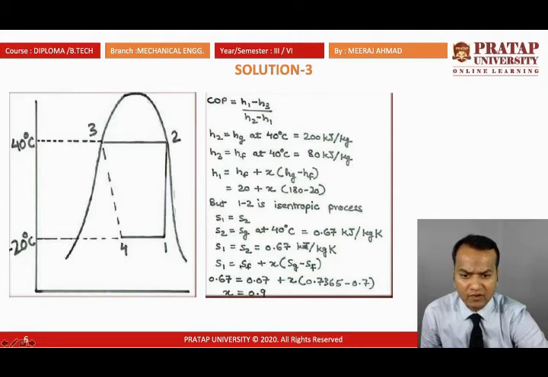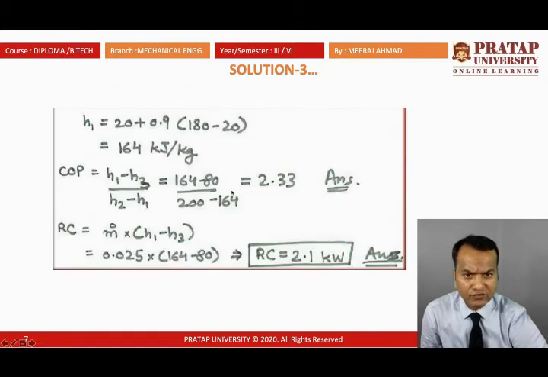So put the value of SF at temperature of minus 20 degrees Celsius and put the value of Sg, then equate it to 0.67. From here you find the value of X, which is equal to 0.9. Then put the value of X in the equation of H1 to get the value of H1.